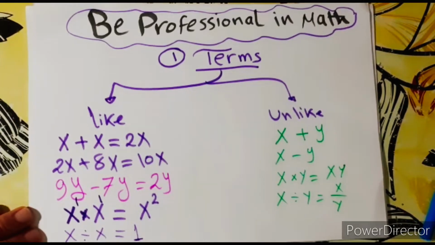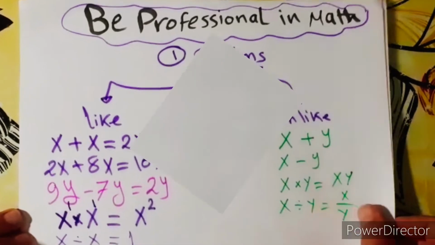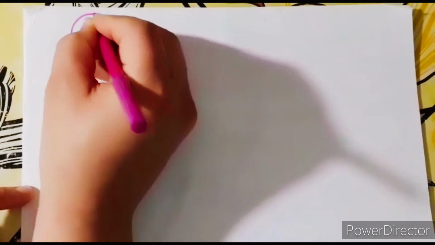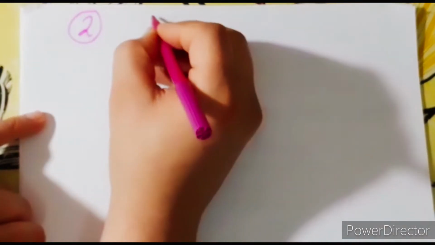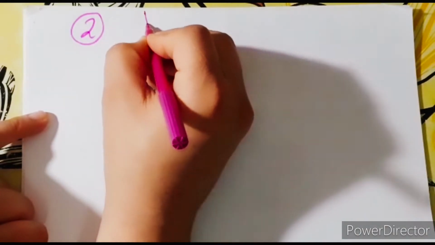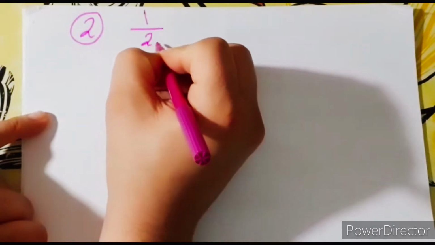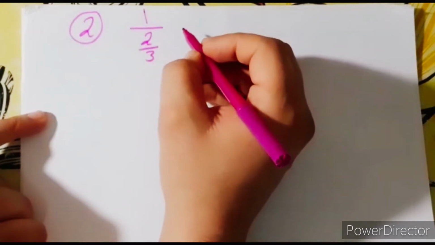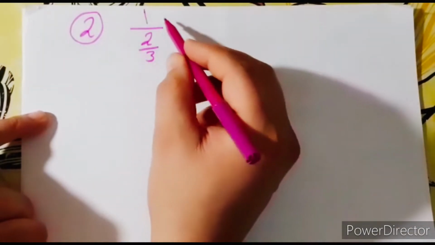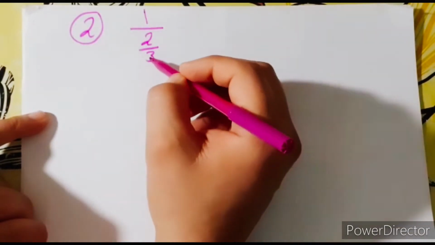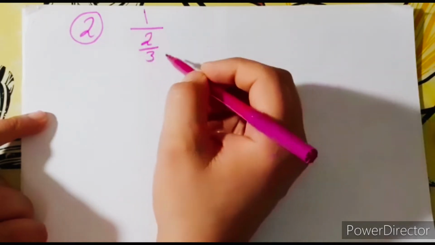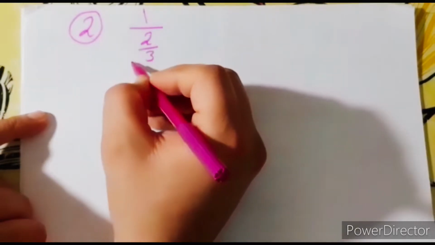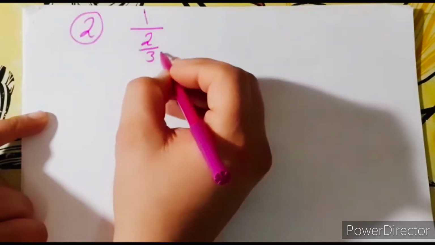Let's go to the second rule. If we have the fraction 1 over 2 over 3, sometimes we meet this fraction. How can we simplify this fraction? Note that the denominator of this fraction is a fraction.